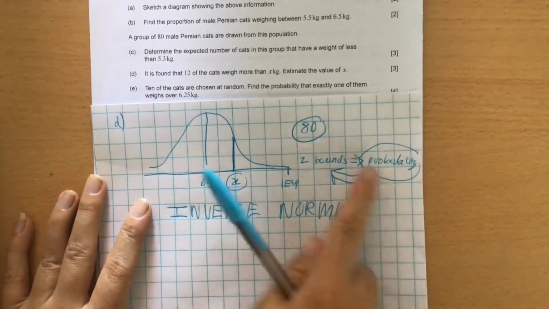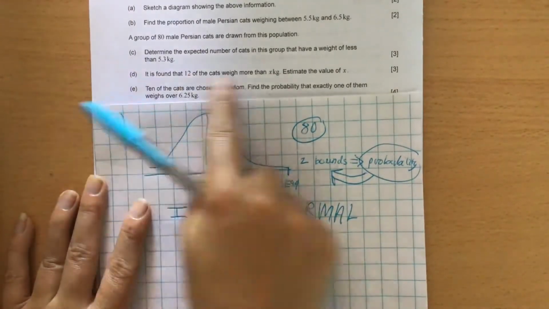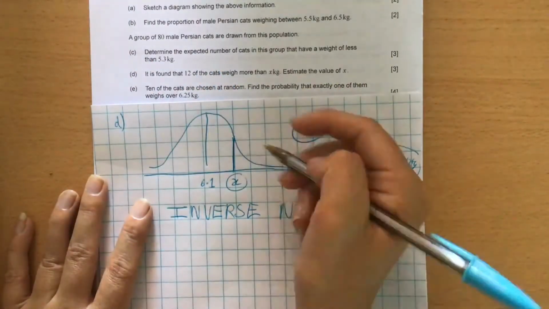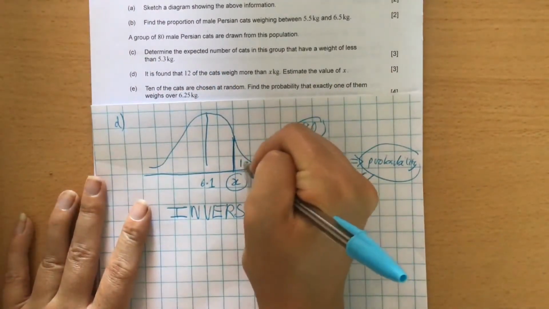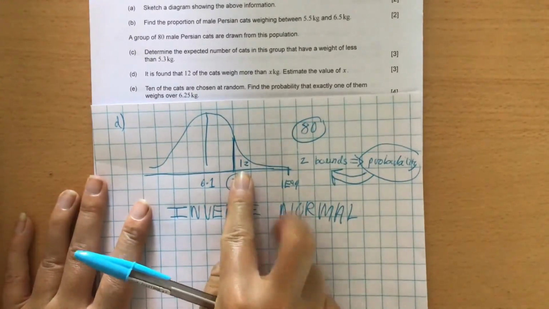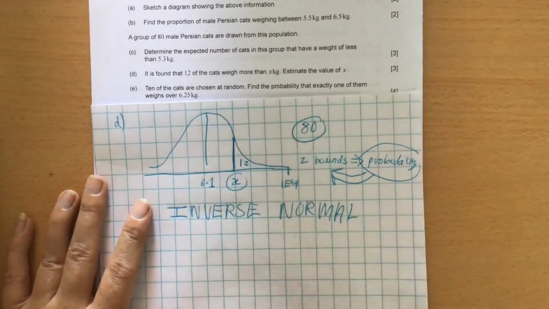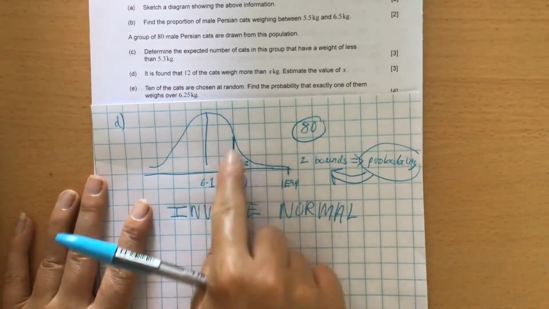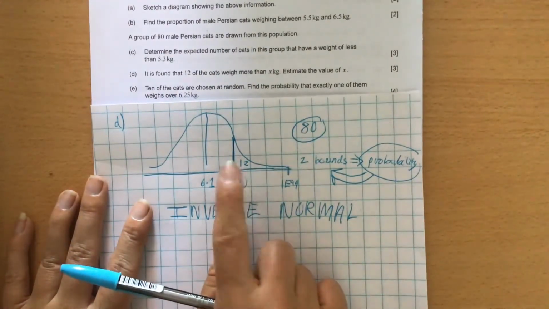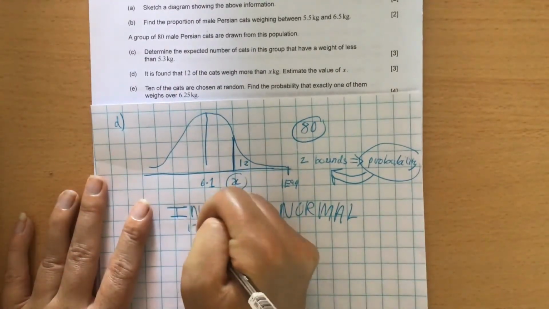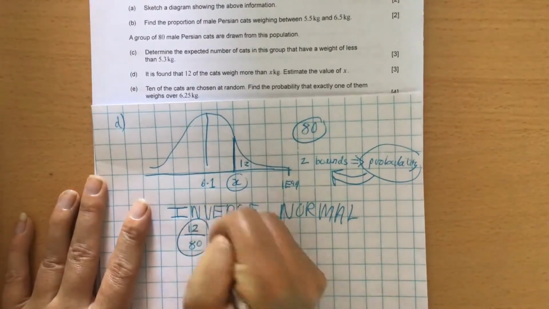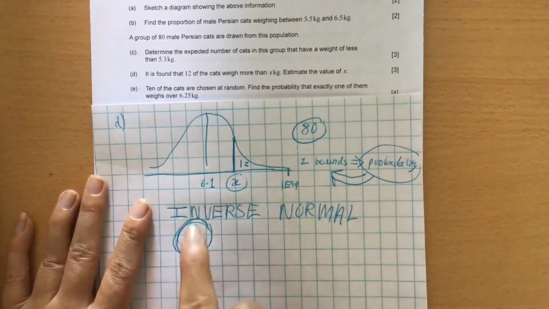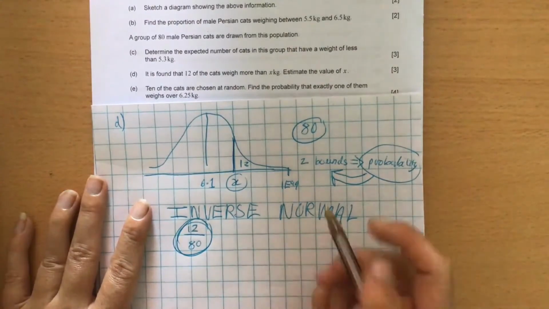So we look to the question and we ask ourselves, can we see a probability? No, but it does say that 12 of the cats are in this area. So what you need to do is use the 12 and 80 together. So we know the probability of picking something over X kilograms is going to be 12 over 80. Now that's the magic number, magic fraction, but this makes this question quite difficult.